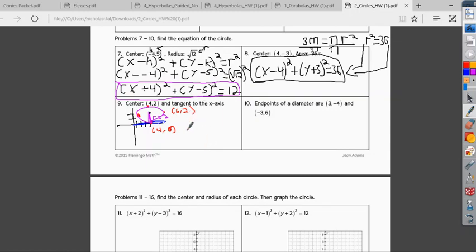But the main point is our center is 4, 2, and our radius is equal to 2. So we'll have x minus 4 squared plus y minus 2 squared is equal to 2 squared, which is 4.